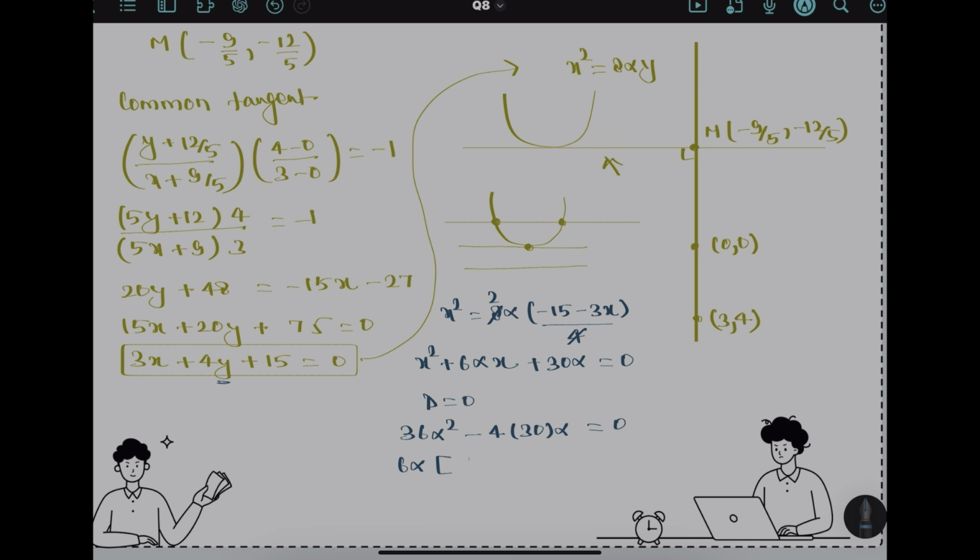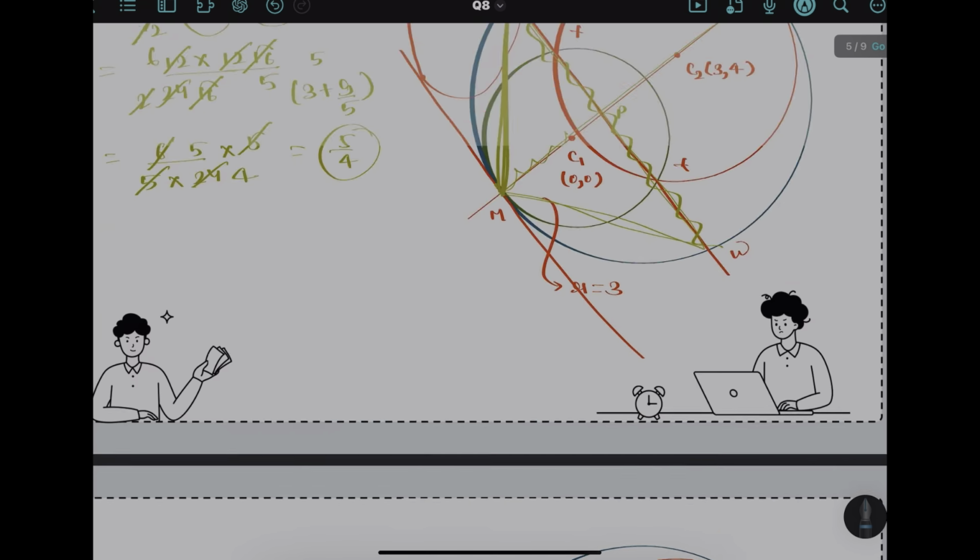So we are left with 6 alpha minus 5 into 4, which is 20. Okay, so it is 0. So alpha is equal to 0 or 20 by 6. Okay, means 10 by 3. So alpha is either 0 or alpha is 10 by 3.